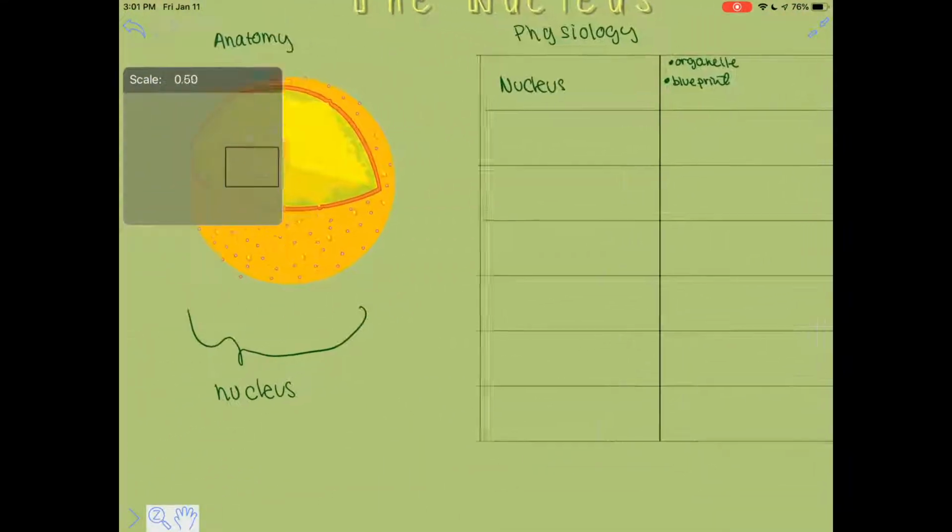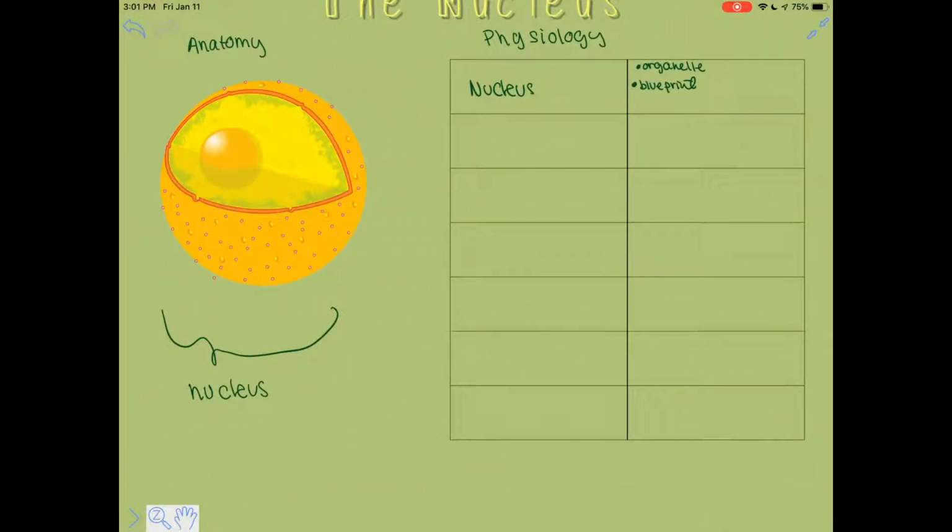So as mentioned before, the nucleus is an organelle, so it's membrane bound. And because of this, we are going to discuss its membranes, because it has two very important membranes.